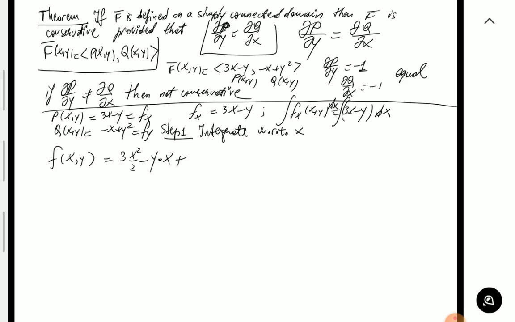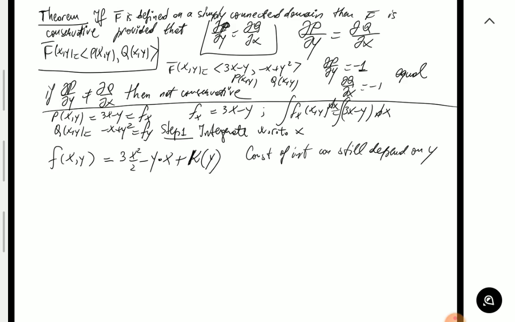But this is the difference here: that constant of integration, let's call it k, or c if you want, can actually depend on the other variable, the one you don't integrate with respect to yet.